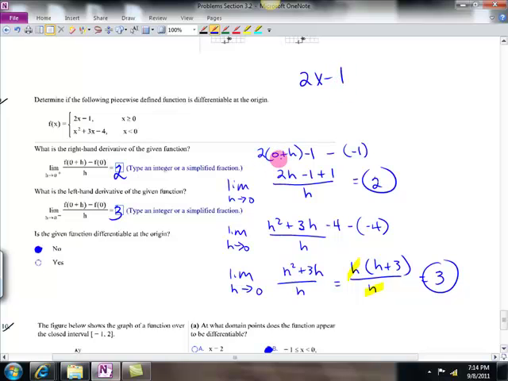So 2 times 0 plus h minus 1 minus, where did this negative 1 come from? What's the value when x is 0? Negative 1. So when x is 0, your f of x is negative 1. So that's why that's getting subtracted.